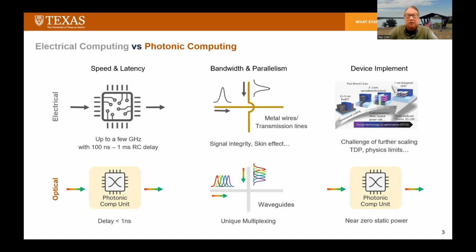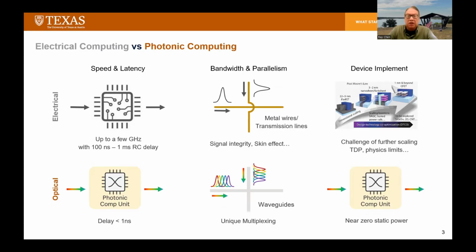Secondly, metal transmission lines have several issues such as the skin effect, which makes higher clock rates and high frequencies very lossy. This creates heat dissipation problems, energy consumption problems, and also packaging problems.